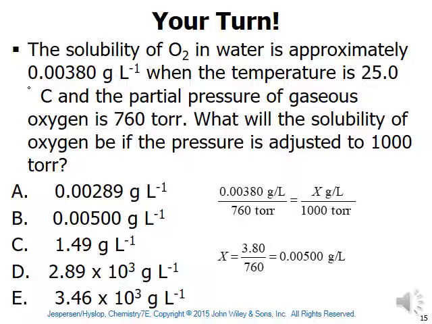Okay, next problem we're going to use the ratio C1 over P1 equals C2 over P2. The solubility of the gas in water is approximately this many grams per liter when the temperature is 25 degrees and the partial pressure of the gas is 760 torr.